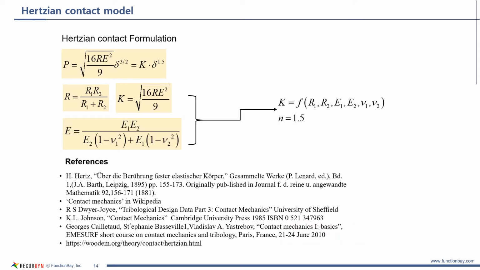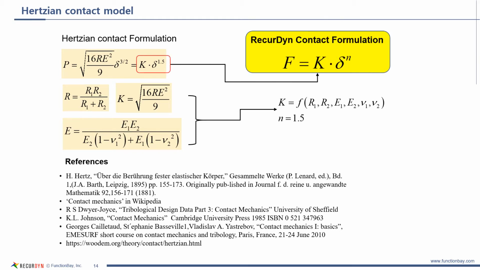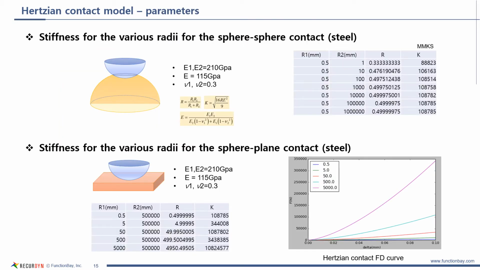Based on Hertzian contact model, RecurDyn uses this yellow formula. According to Hertzian contact model, you can calculate the stiffness K based on the radii of the spheres. The default value of RecurDyn contact stiffness is based on this value.